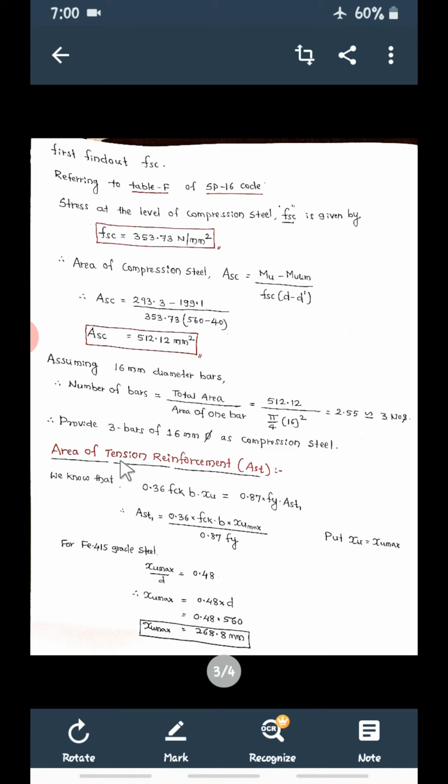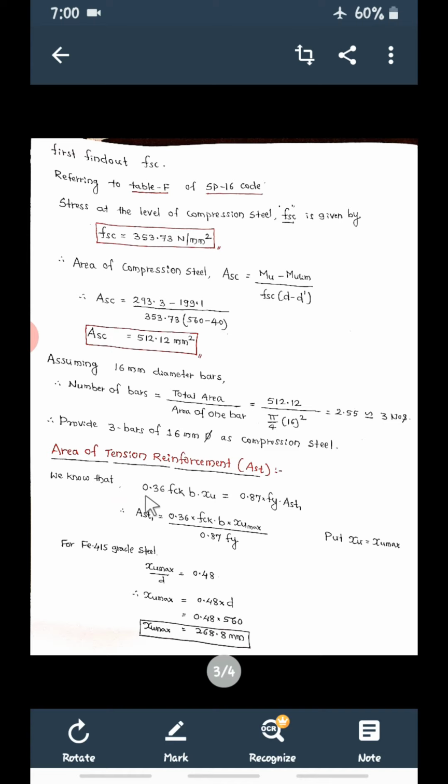Next, area of tension steel. Area of tension reinforcement, that is AST. Now this is ASC, what we are providing, 3 bars. Now we have to provide AST, which is provided at the bottom.